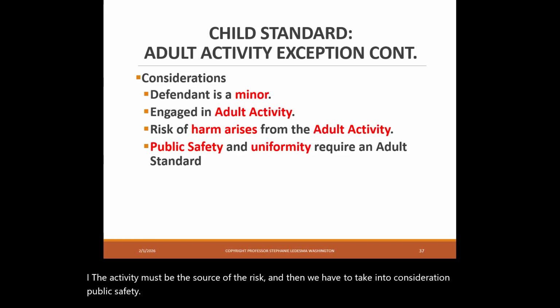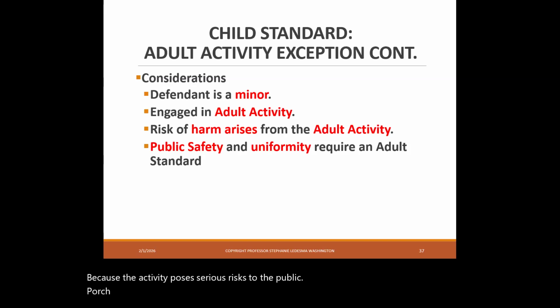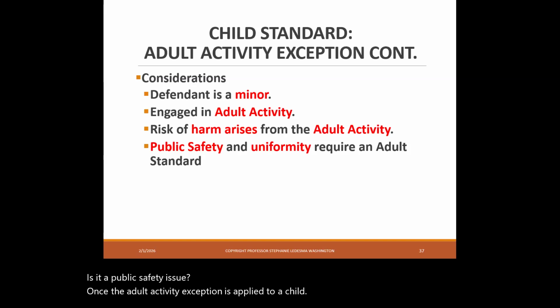Because the activity poses serious risk to the public, courts usually require a single uniform standard of care for all participants, regardless of the age. So again, is it a public safety issue? Once the adult activity exception is applied to a child, the standard of care is that of a reasonably prudent person.